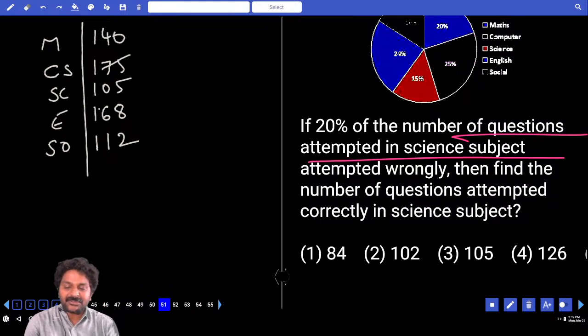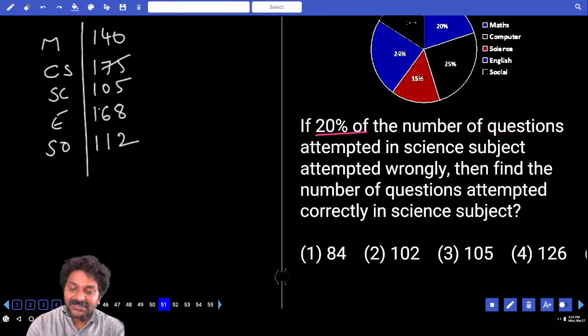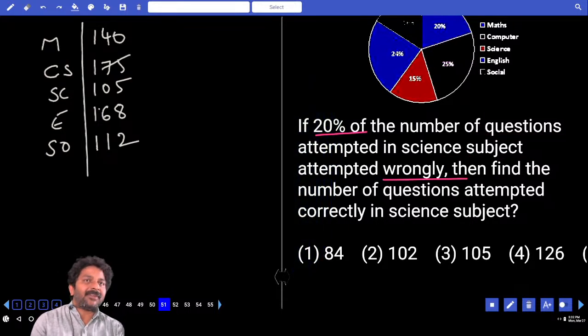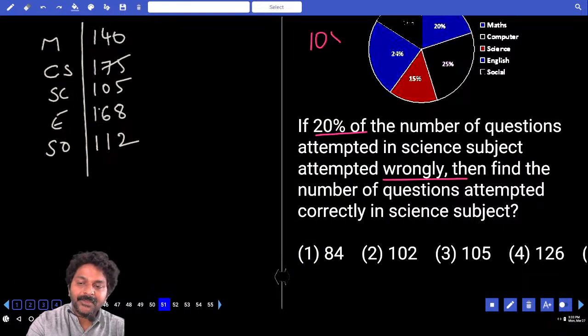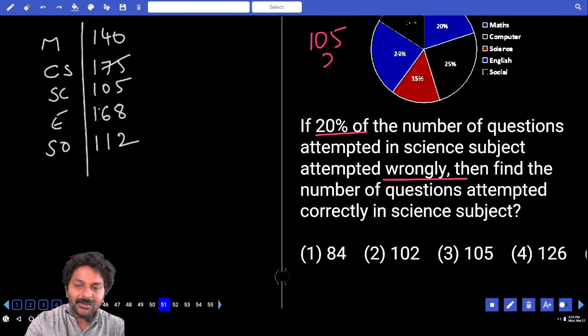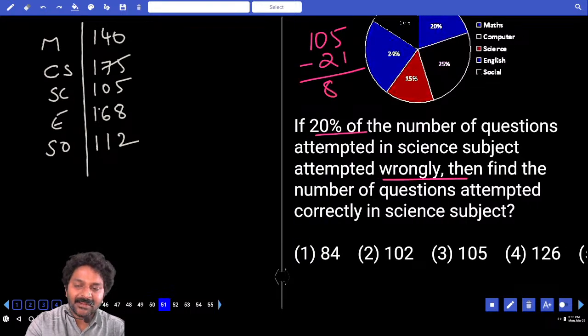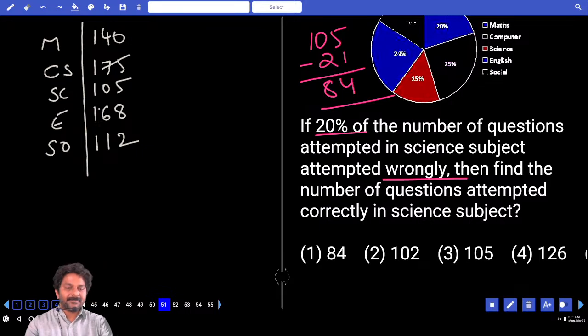In science, total how much we have? 105. Out of 105, 20% were wrong. If you subtract 20%, you'll get remaining 80% only. 105, 20% of this number, 21, subtracted here, 84, final answer.